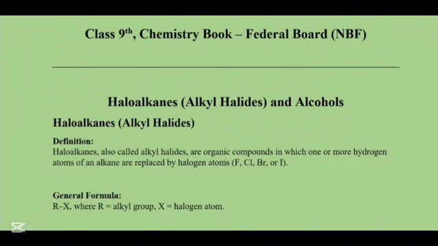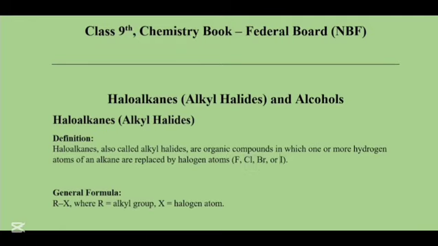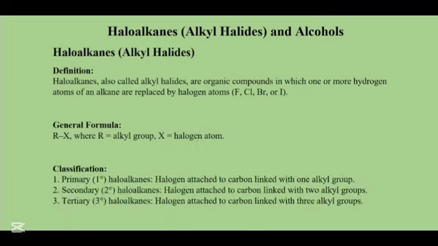Examples of halogens include fluorine, chlorine, bromine, or iodine, and the halogens are denoted by the symbol X. The general formula of haloalkanes is R-X, where R is the alkyl group and X is the halogen atom.